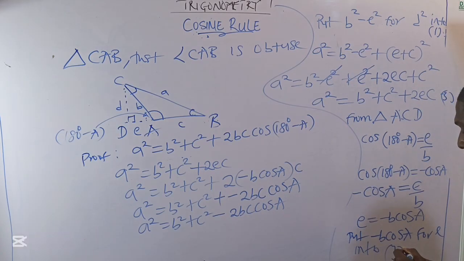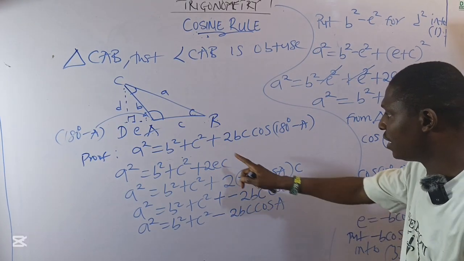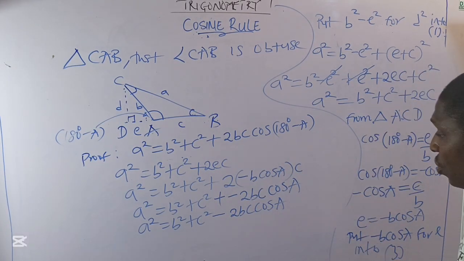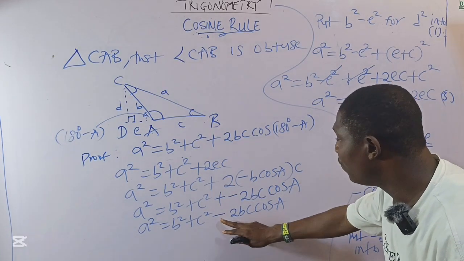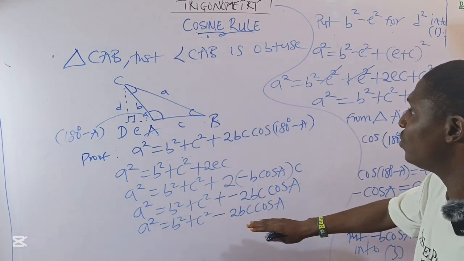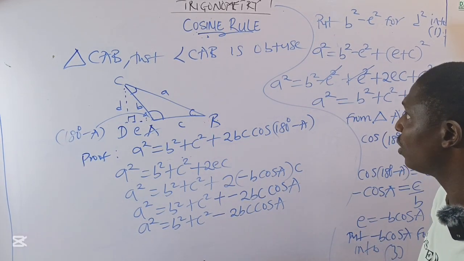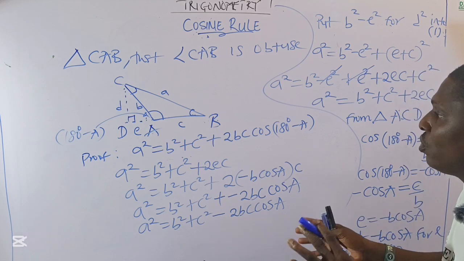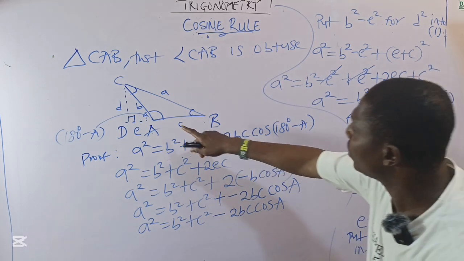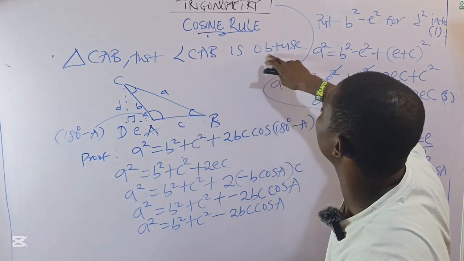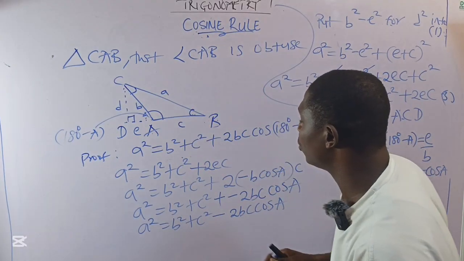Please take notes. When you get here, don't stop here, because there's a mistake here. Why? If you have this, it's simply telling you that the angle is not obtuse but acute, meaning the angle is less than 90 degrees. But you can see that the angle was said to be obtuse, meaning it is greater than 90 degrees.